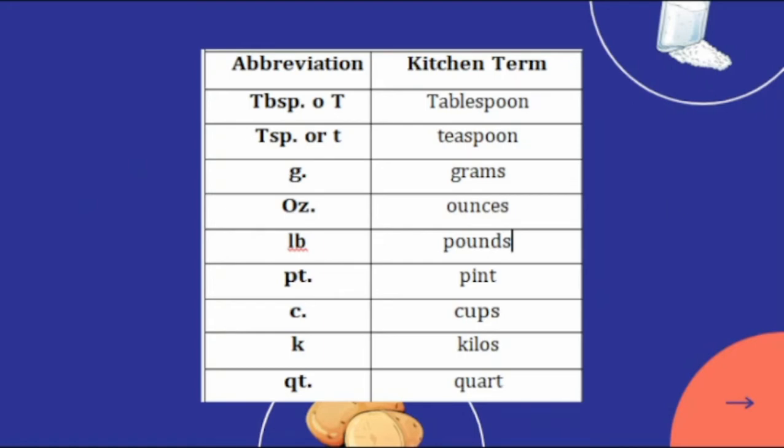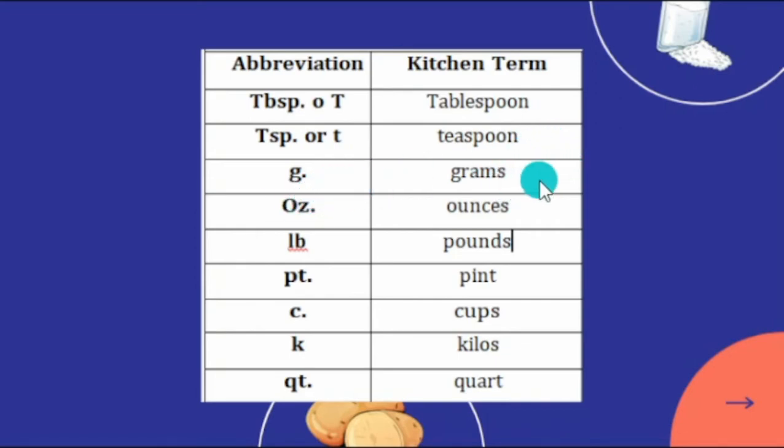Here we have 2 columns for abbreviation and kitchen term. For the abbreviation column, we have TBSB or uppercase T. It stands for tablespoon. TSB or lowercase t stands for teaspoon.